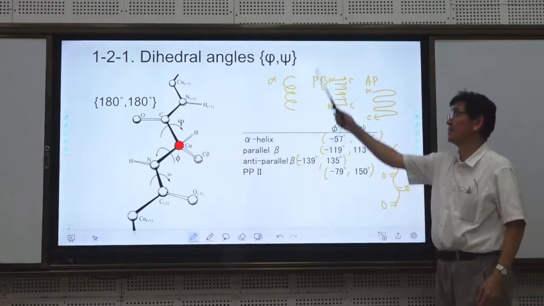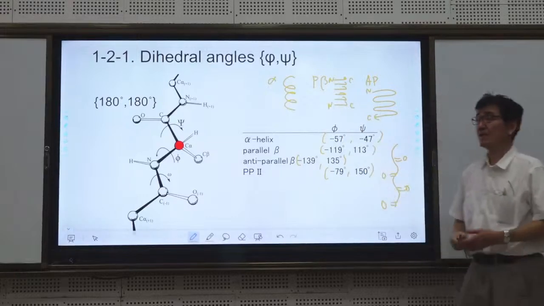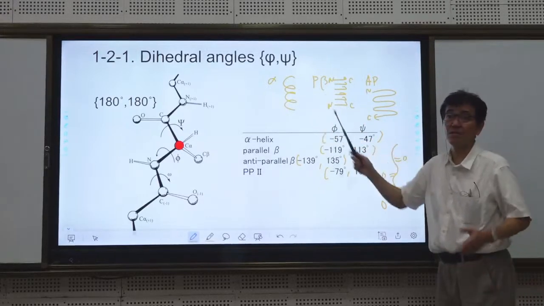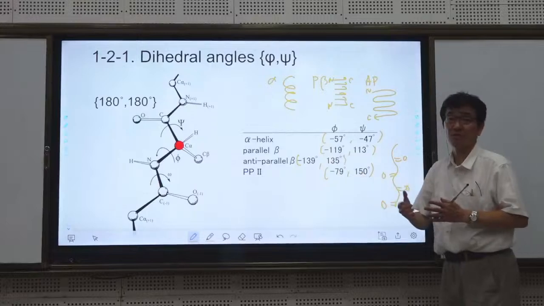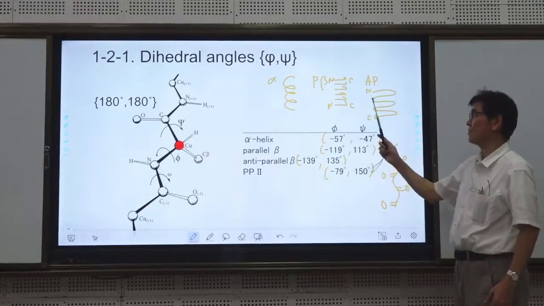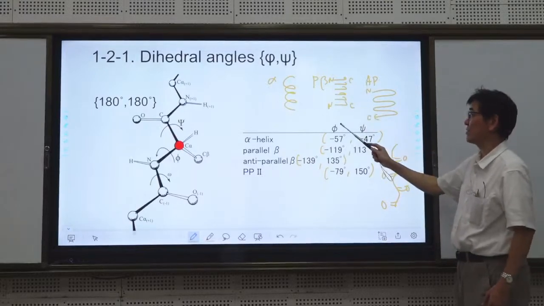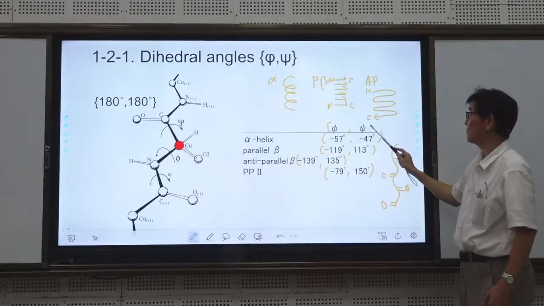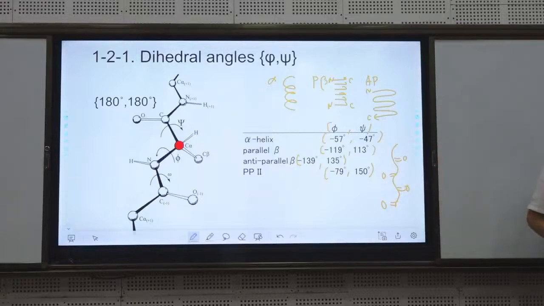So we know at a glance the structure is different, but this is not convenient to deliver the information to someone else. So it's convenient to describe the structure by using the dihedral angle, like this.